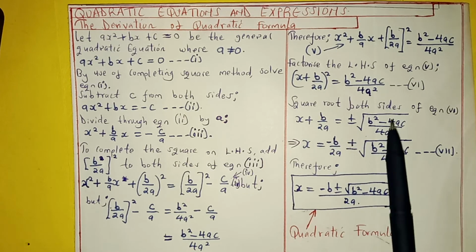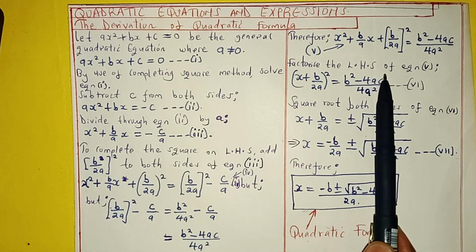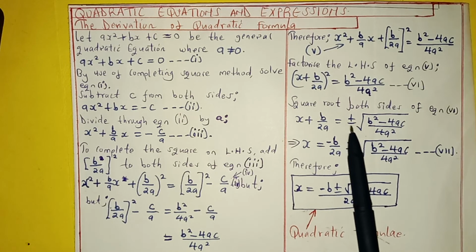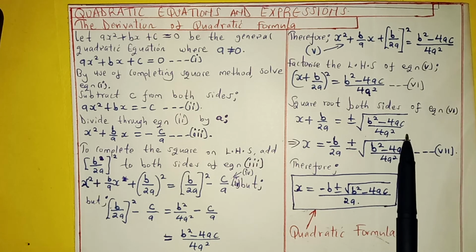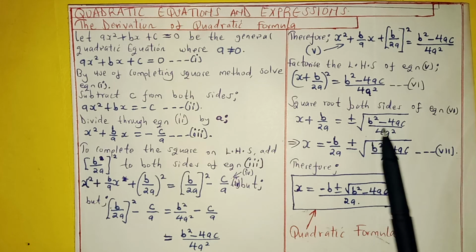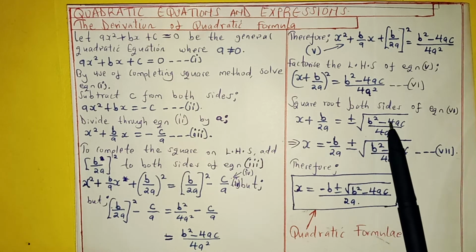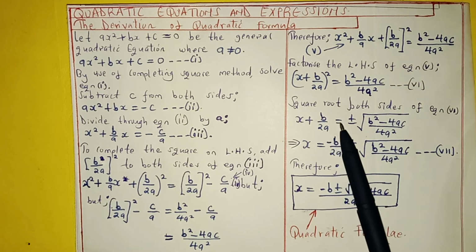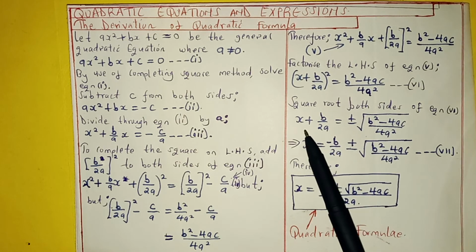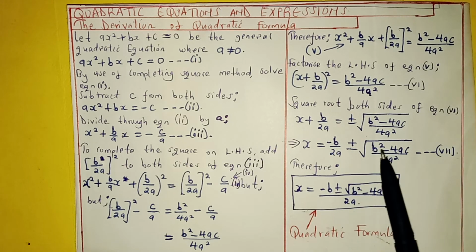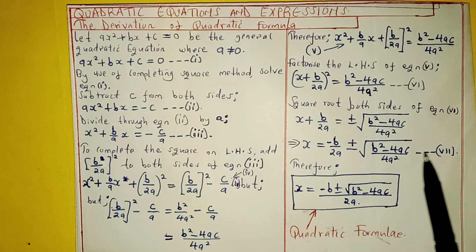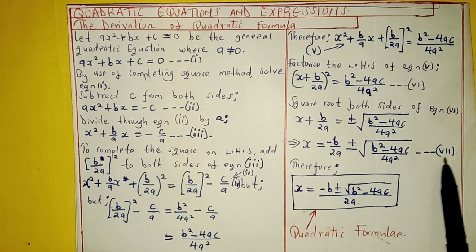We take the square root of the right hand side of equation number 6 and get plus or minus the square root of (b squared minus 4ac) over 4a squared. Now we subtract b over 2a from both sides of this equation. So x is equal to negative b over 2a plus or minus the root of (b squared minus 4ac) over 4a squared. Now this is our equation number 7.